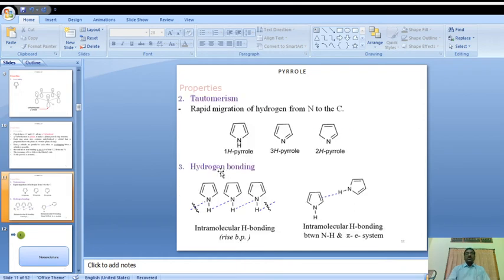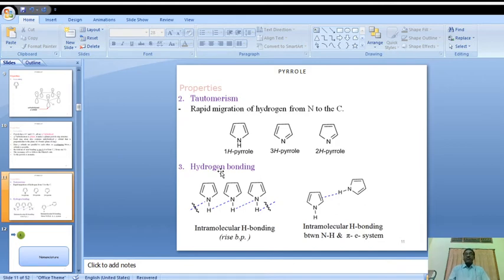Now let us go to the properties of pyrrole. The first property, tautomerism. Pyrrole undergoes this special property because the extra hydrogen atom bonded with the heteroatom migrates to various places.